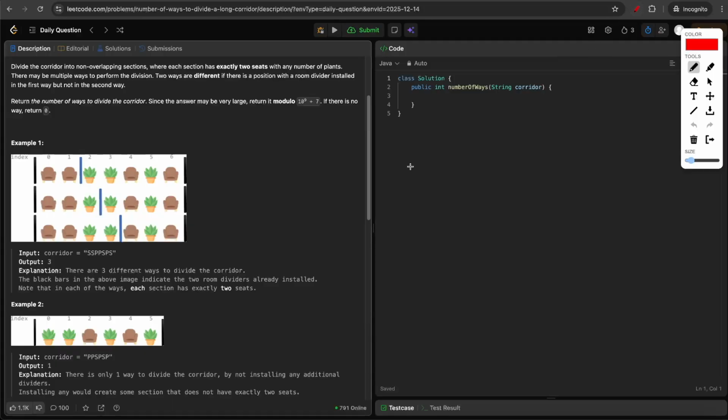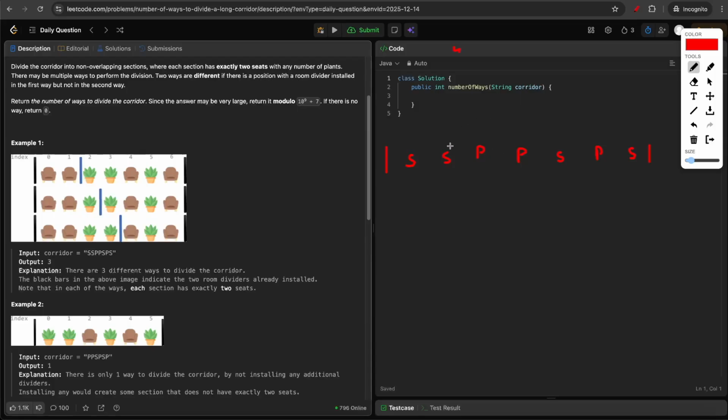In the first example, you have two seats, then two plants, then a seat, plant, and seat. For this, in each division, there must be exactly two seats. Initially, you can count that there are total four seats in this entire corridor.